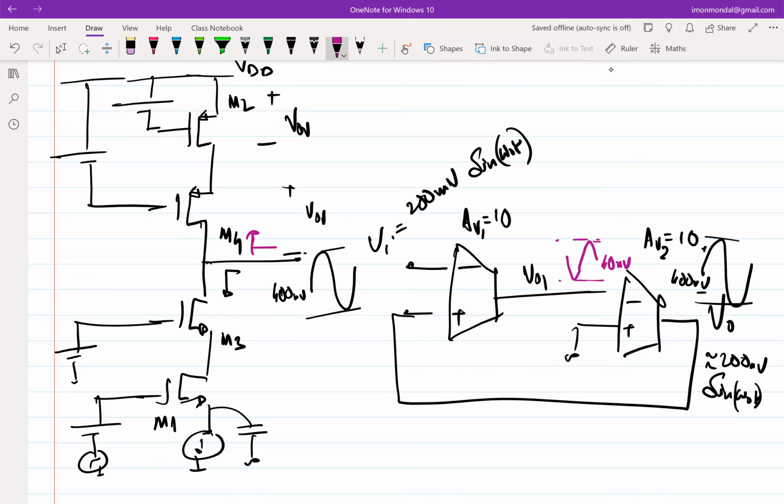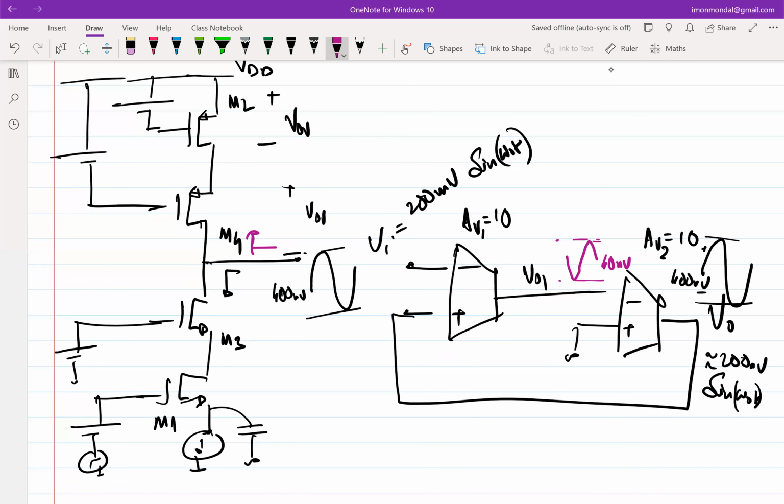Okay. So what are you observing? The output is swinging by 400 millivolt, but the input of the second stage is swinging by 1/10 of that. Which essentially means that if I have to use this Cascode configuration, because I know these are all some sort of common source amplifier or differential amplifier, and I want to increase the gain of this structure without compromising the signal swing, should the first stage have a Cascode, or the second stage, or can both have a Cascode?